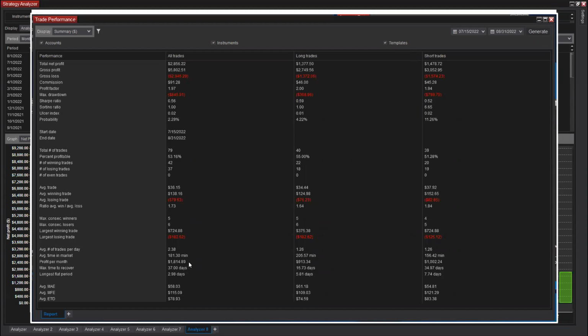Profit per month is 18, but that's only over a short period. This is going to be more accurate here, over about 1,400. Again, this is a live account. I'm excited about this, guys, because I finally found something. We have something that works.